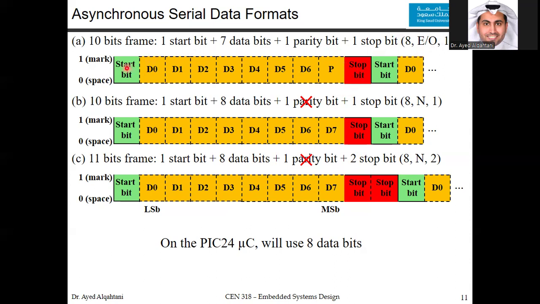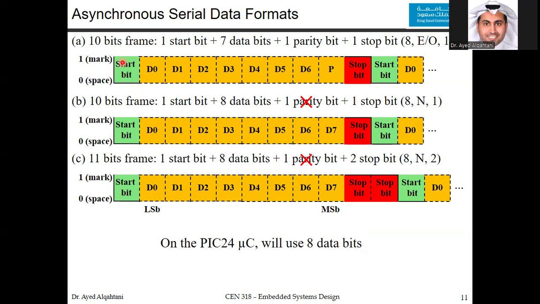Now, it's very important to know that for this way of communication, the start bit is a low signal. The transmitter needs to abide by this rule, and the receiver always looks for a low signal. After the low signal, it knows that this is the start bit. So the line should be 1 for a very long time, and then you have a low pulse.